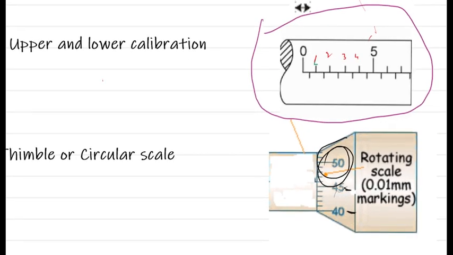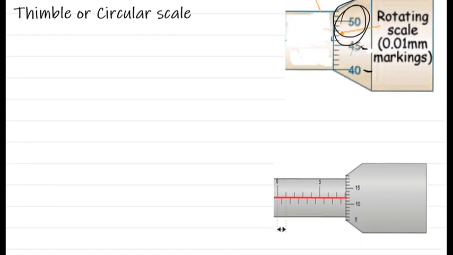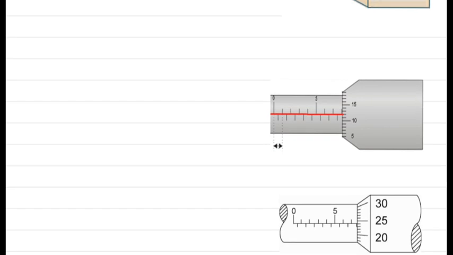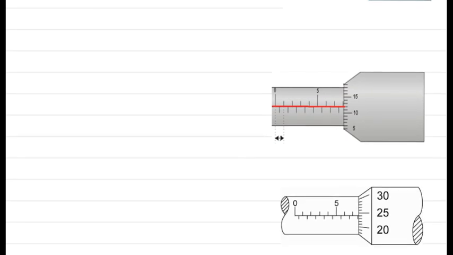Now we see how we take the circular scale reading second, because this is the device which has two scales, one the main scale, one the circular scale. And another important thing is that we have here the reference line.